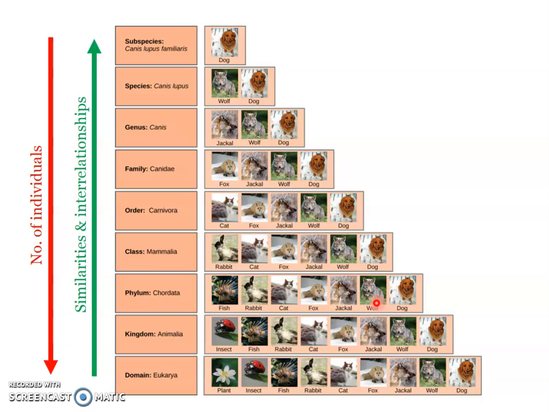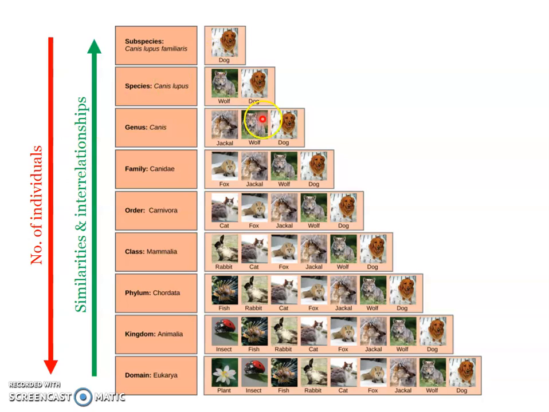But as we go downward into the smallest group, we can see that the members have many characters in common. So similarities among the individuals in the smallest group are more as compared with the larger group. So similarities and interrelationships increase as we go down the grouping.